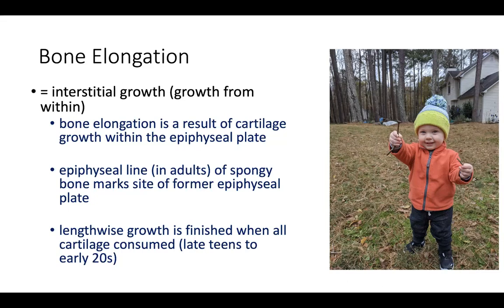So then it becomes the epiphyseal line. No more bone tissue is being added. So you don't have any more interstitial growth past, like I said, your late teens, early 20s. When all of the cartilage is consumed and there's no more cartilage or bone tissue being formed, then it becomes the epiphyseal line. You can still see it, but it's not active.